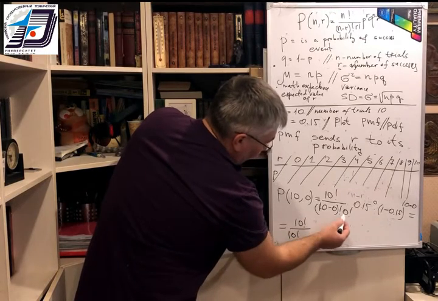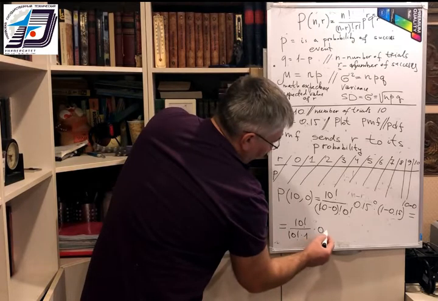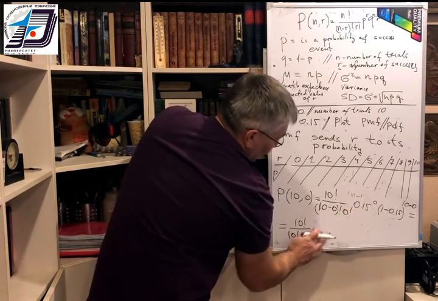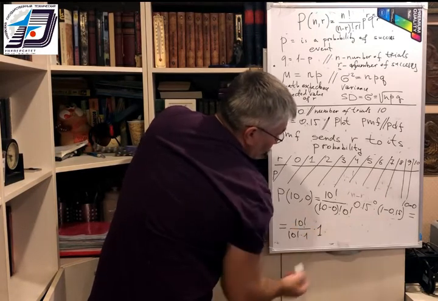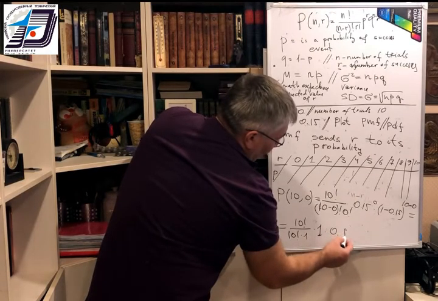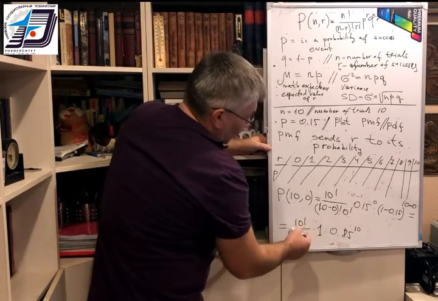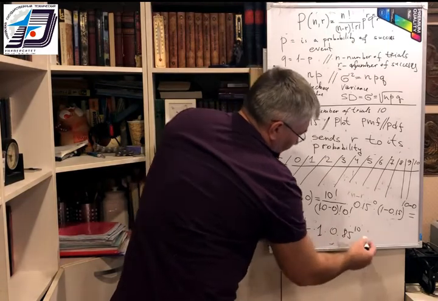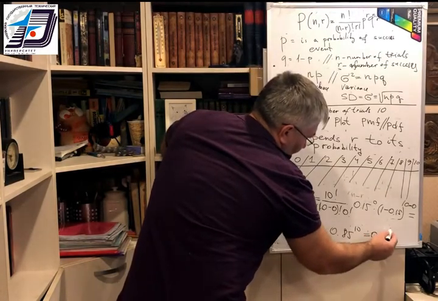Consequently I have 10 factorial over 10 factorial, 0 factorial gives 1, 0.15 raised to power 0 gives 1, and 1 minus 0.15 is 0.85 raised to power 10. I can cancel 10 factorials, and it is 1 times 1 times 0.85 raised to power 10.